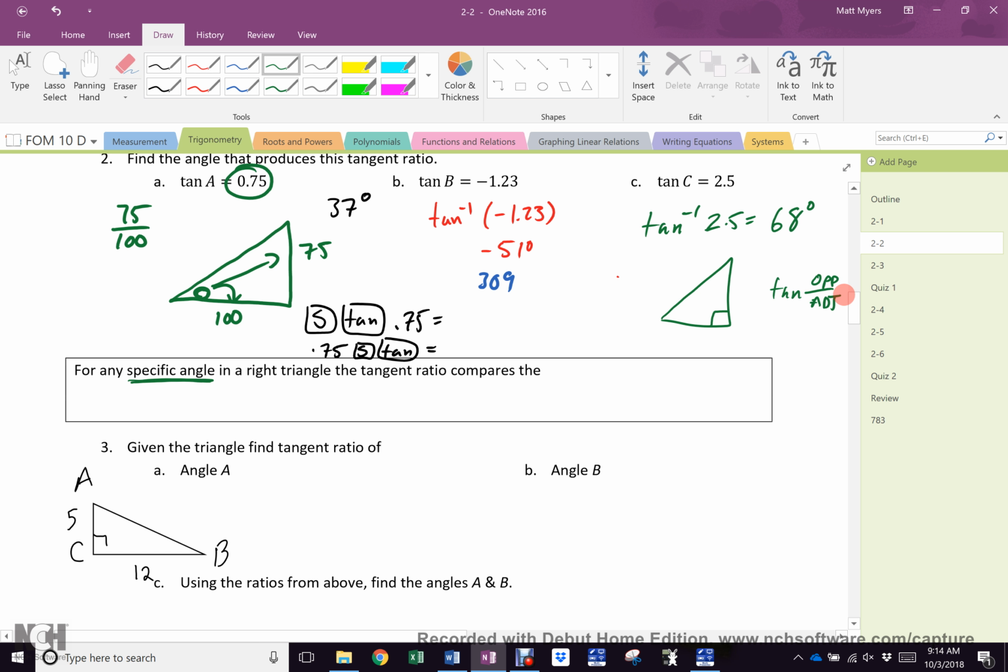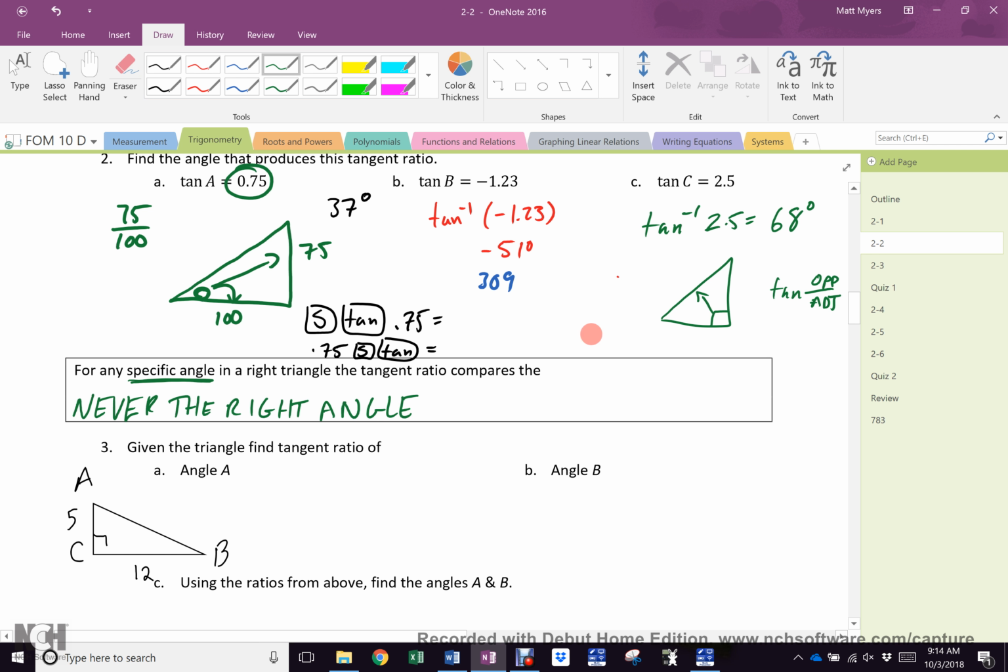Okay, so opposite and adjacent are only legs, yes? What's opposite the right angle? The hypotenuse. Is hypotenuse part of tan? No. Okay, so the specific angles are never the right angle. It only works for the other two.